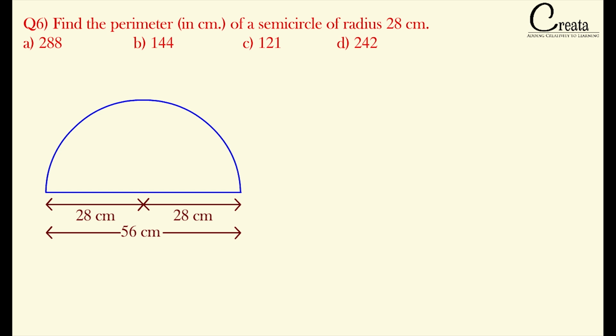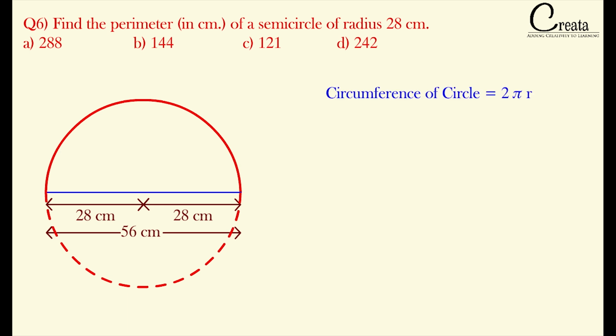Further, we have to calculate this semicircular boundary. And this is a semicircle, means this will be half of the circle. That is, this distance will be equal to half of the circumference. And we know circumference is the total length of the boundary of the circle, that is 2 pi r. So the circumference of the half of the circle will be equal to 2 pi r upon 2, that is pi times r.